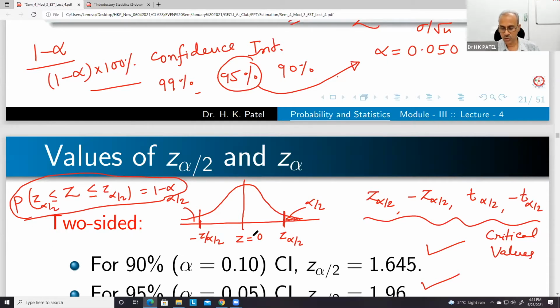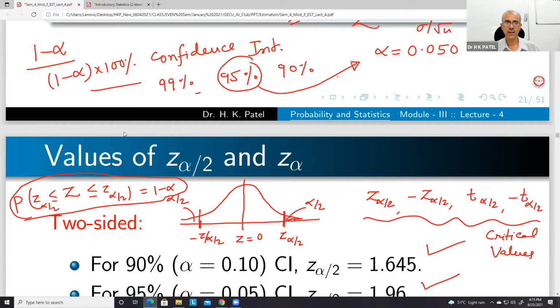Now the same critical values are used in case of two-sided hypothesis test. This is the equation we use to find the confidence interval.